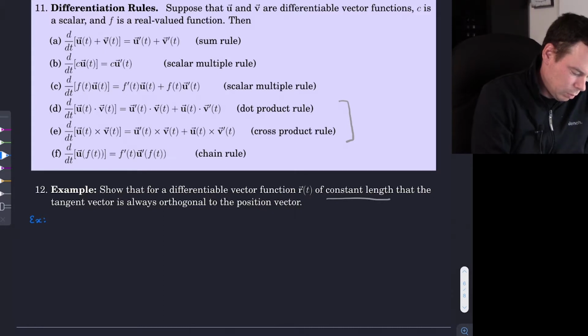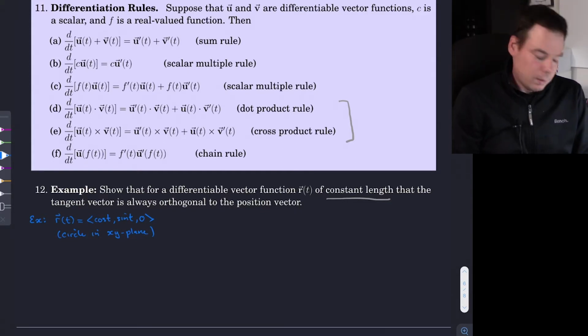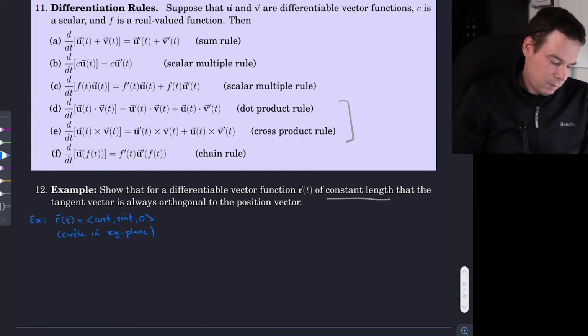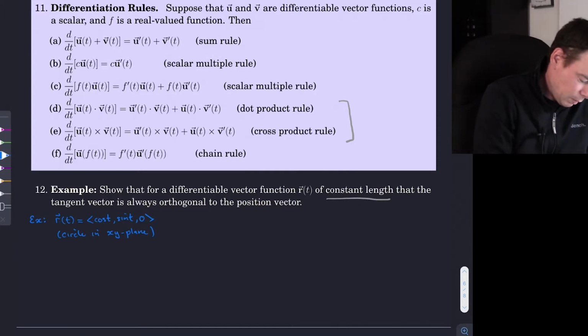As an example, maybe we've got our vector function, which is, we'll say, cos of t, sine of t, and 0. So this is a circle in the xy plane. Is this vector valued function of constant length?